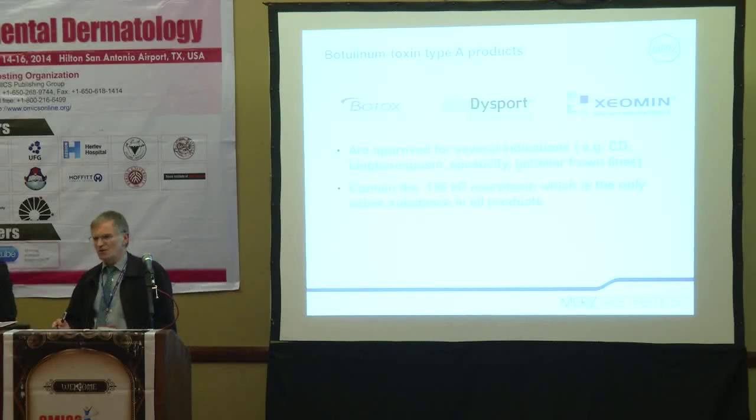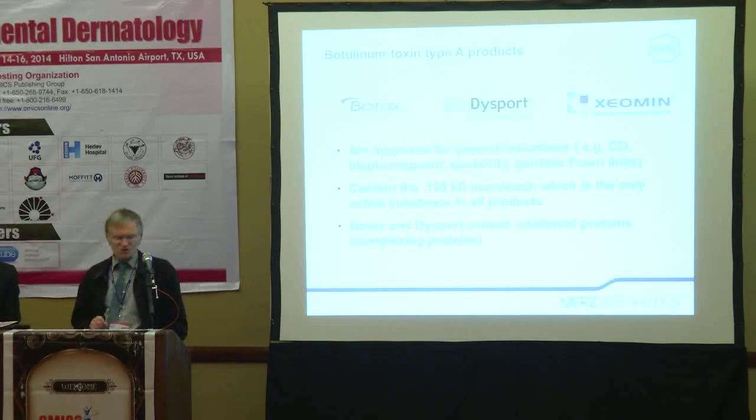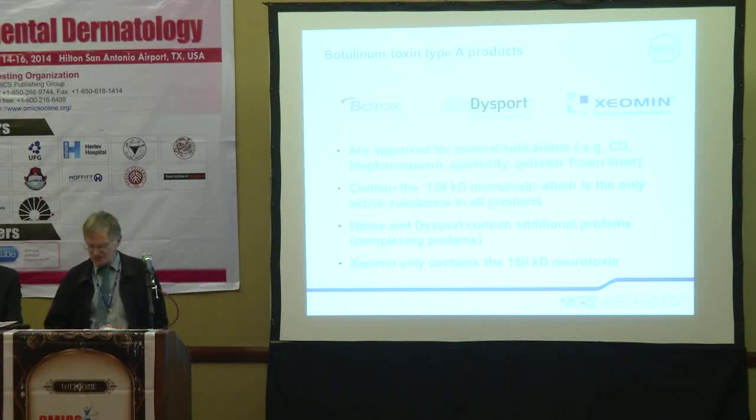All these products contain the 150 kD neurotoxin, which is the active substance in all the products. Botox and Dysport are special because they also contain additional proteins, the so-called complexing proteins, which are also produced by the Clostridia. In contrast, Xeomin only contains the 150 kD neurotoxin, the active molecule.